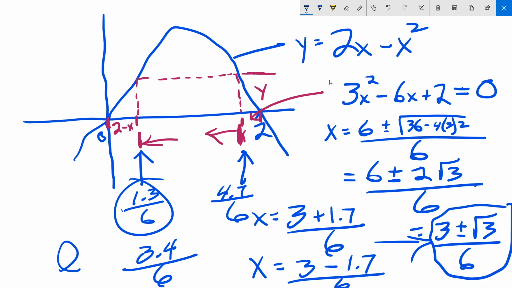That's the length, 3.4 over 6. And our height is going to be 2 times 4.7 over 6 minus 4.7 over 6 squared.